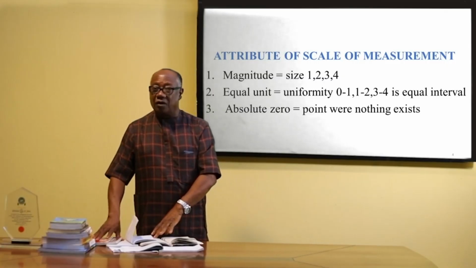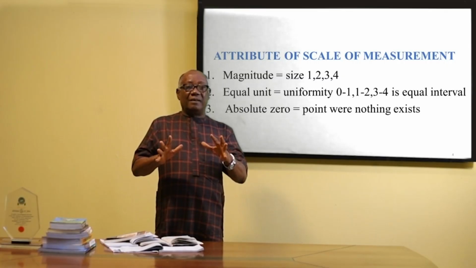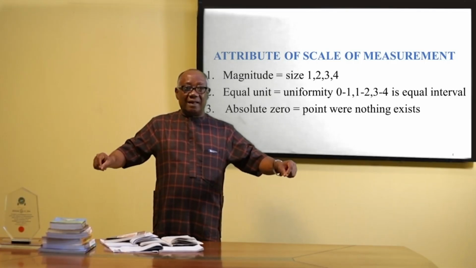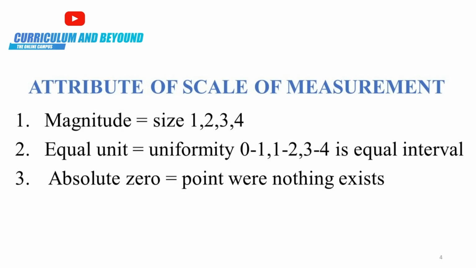Now, the other one is equal units. If you take your ruler, which you use in measuring length, you see that ruler starts from 0, and then it goes to 1, goes to 2, goes to 3, and so on till 30 in cm units.